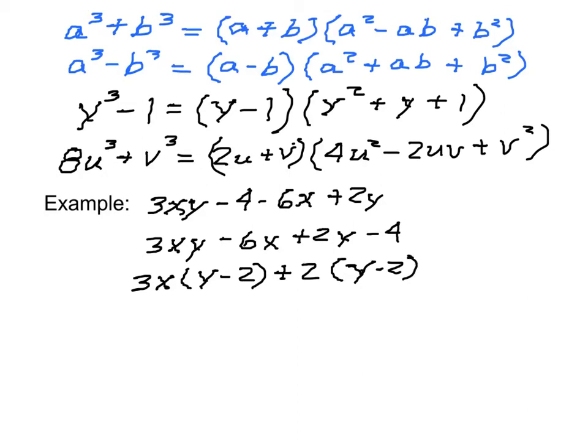All right, so therefore I got y minus 2 that's common in both, so that I can factor the y minus 2 out. And what's left is 3x plus 2. Factor by grouping.